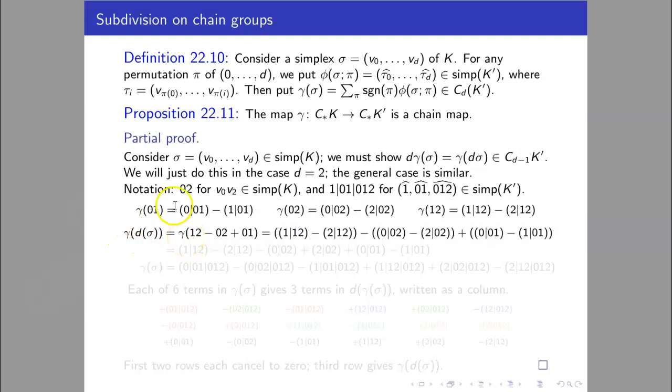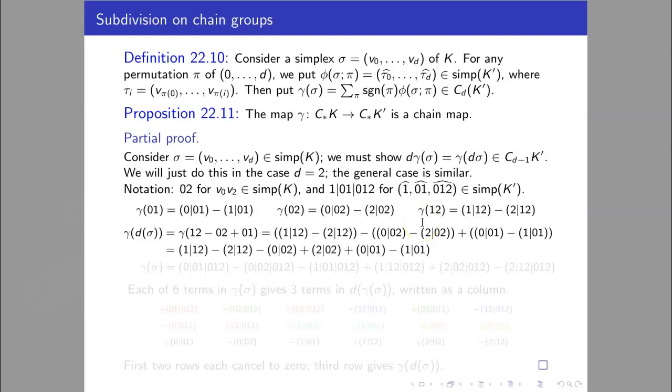Okay. So gamma is a homomorphism, so we get gamma of 1, 2, which was this 1, 1, 2 minus 2, 1, 2 here. And then you get minus gamma 0, 2. And then gamma 0, 2 is the 0 bar 0, 2 minus 2 bar 0, 2 here. And then you get plus gamma 0, 1, which is 0 bar 0, 1 minus 1 bar 0, 1.